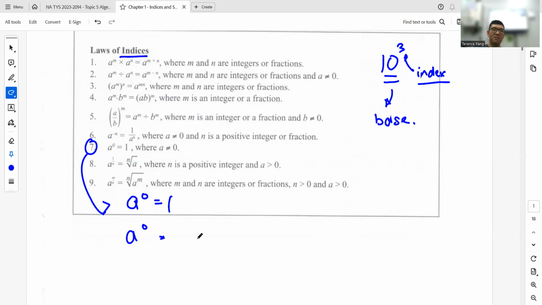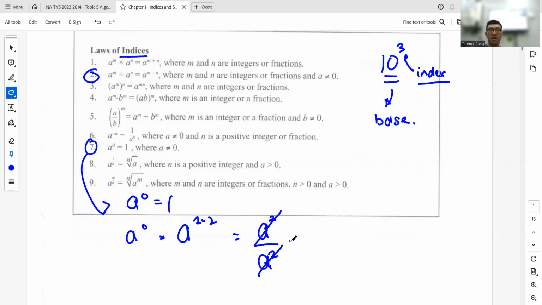Can you take a look at the screen? See how it's being proved? So a to the power of 0 can be rewritten as a to the power of, say, 2 minus 2, because 0 can be 2 minus 2, can be 3 minus 3, can be 100 minus 100, it's fine. You can express this as a squared over a squared, because we are applying law number 2.